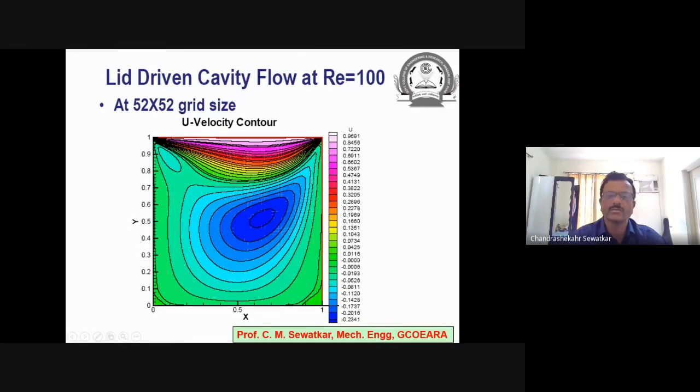As I move down, my u velocity should go on reducing.